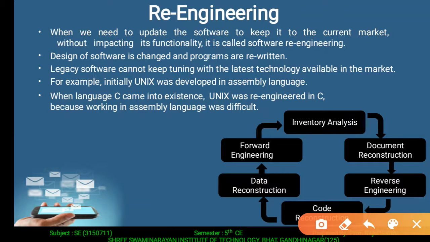So first we start with inventory analysis, then document reconstruction, where we cover the reconstruction of the actual documents. Then we apply reverse engineering, re-engineering, that covers the three parts we already discussed: forward engineering, reverse engineering and reconstructing.